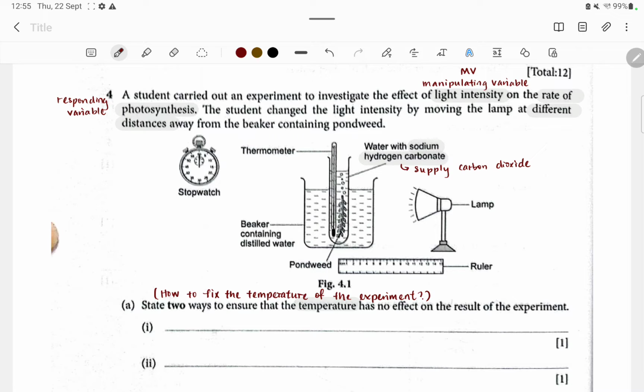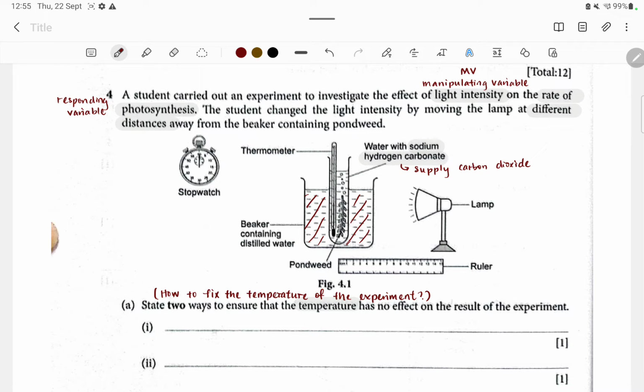So the first way is, notice that the beaker here is filled with water. Inside here also got water, but outside here, why do we have to put another layer of water, like a water bath?